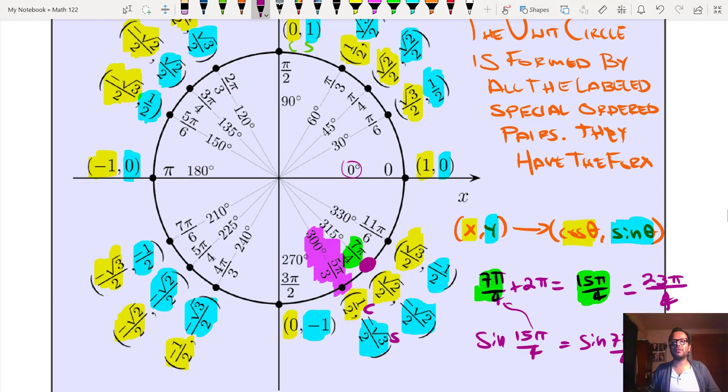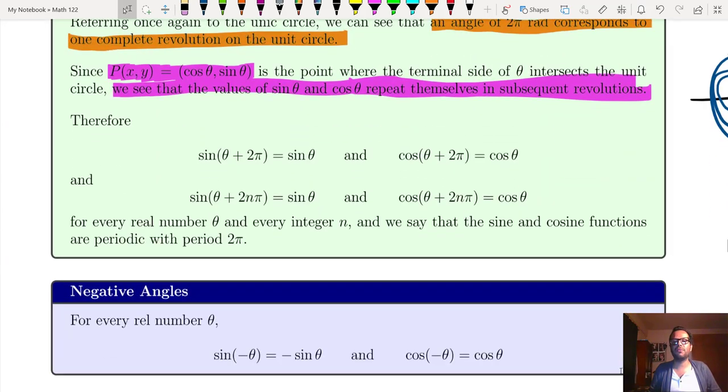Let's look at the definition before looking at some examples. If we have sine of some angle plus 2 pi, that is, plus one revolution, after 2 pi we land exactly at the same value of theta. The same goes for cosine.